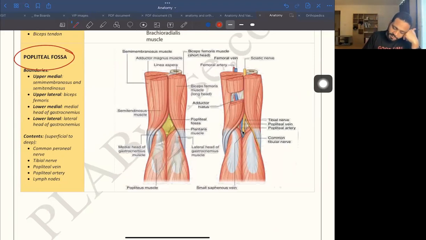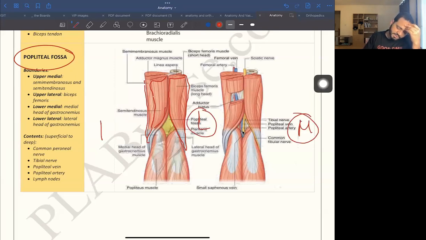From the back, we have a muscle called biceps femoris, just right there. On the other side, you have semitendinosus and semimembranosus. Obviously, this is the lateral side, and this is medial.